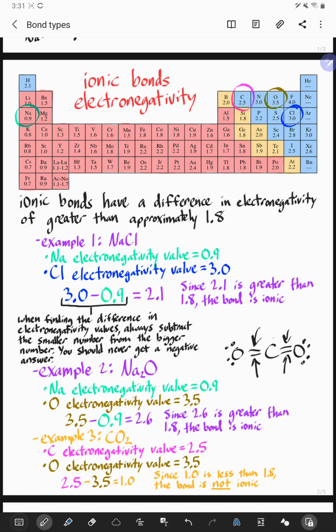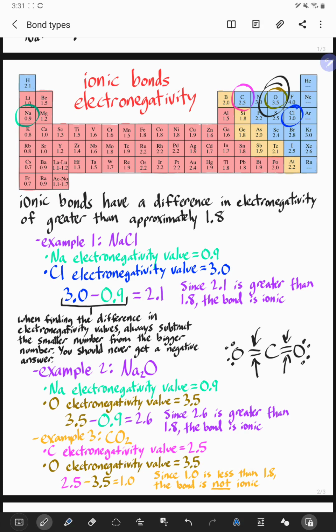So we're going to take the electronegativity value of the one element that it's attached to and compare it to the electronegativity value of the other element that the bond is attached to. And we're going to see if the difference is greater than 1.8 or less than 1.8. So we have oxygen, which we already said has an electronegativity value of 3.5.